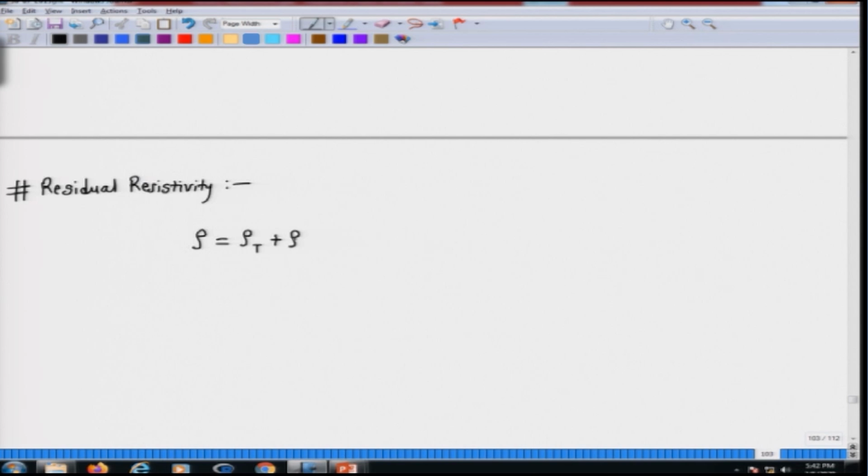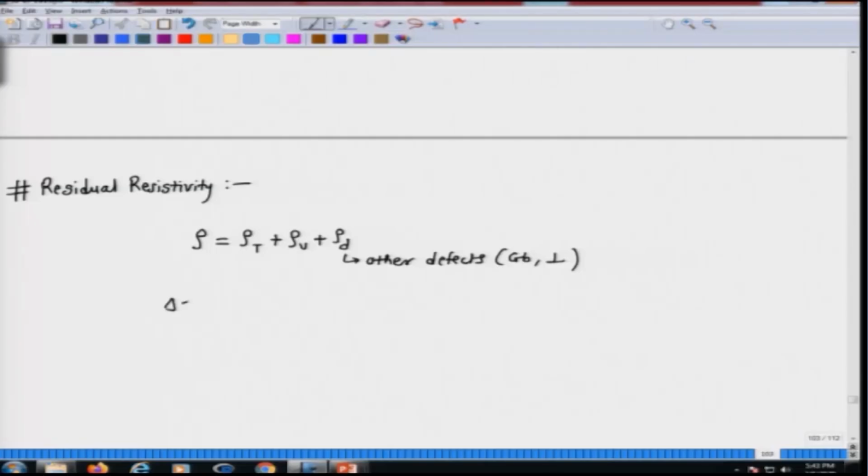The first contribution is rho T, and the defects include vacancies, grain boundaries, dislocations, impurity atoms, and other defects. Since we are interested in vacancy measurements, let us separate the vacancy contribution, rho v, from the contribution due to other defects, rho d, including grain boundaries, dislocations, etc. Now, if we can measure the resistivity of the same piece of metal in two different conditions, such that rho T and rho d are constant in the two conditions, but only rho v changes, then all the change in the resistivity is only because of the change in vacancy concentration.